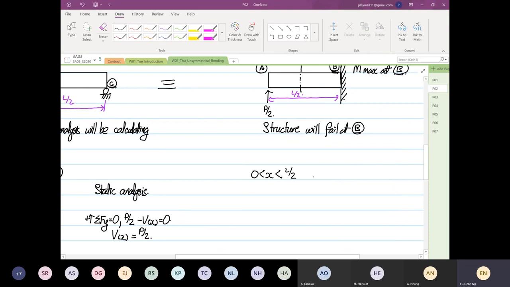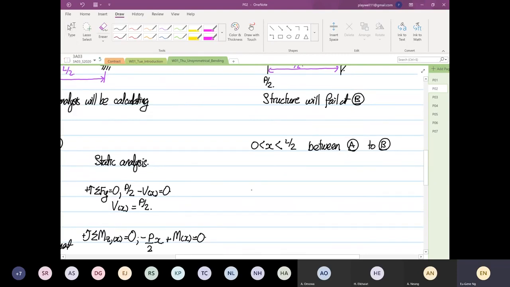So this is between point A to point B. So again, if I were to draw our free body diagram, this will be equal to P/2. So this is our point A, and then we have a slice, a variable V as a function of x, M as a function of x.